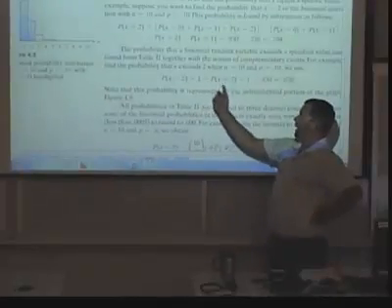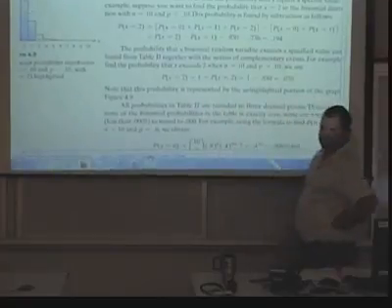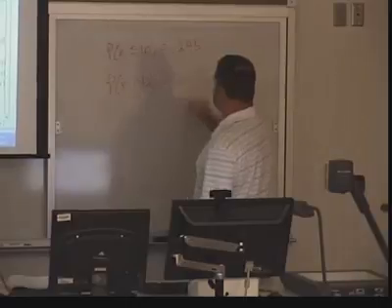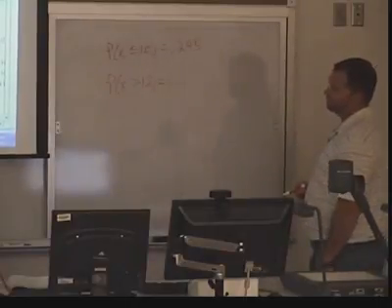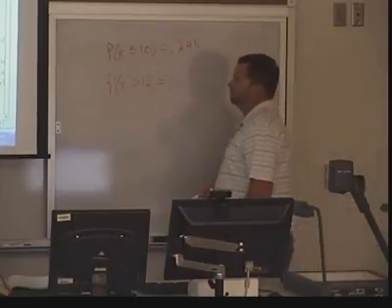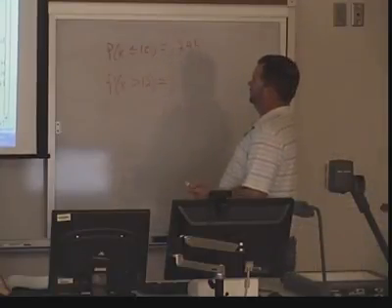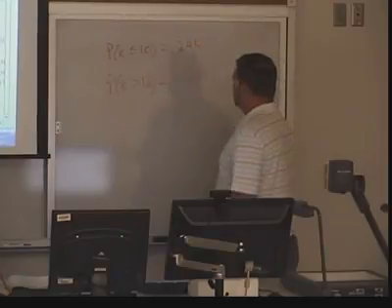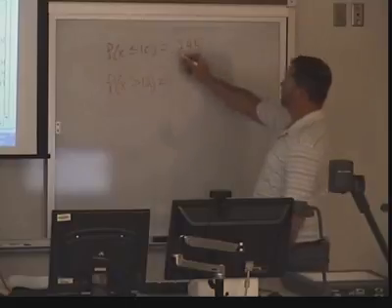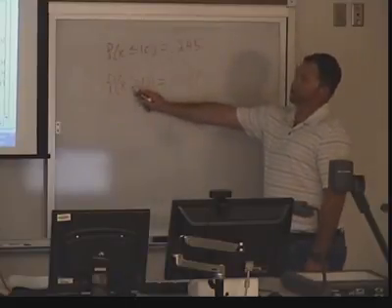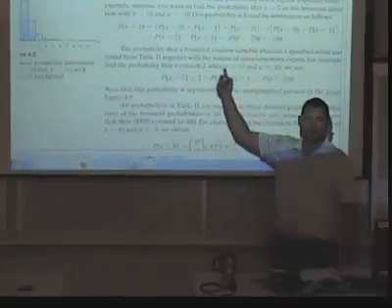It's basically the universe, which is 1, minus the probability that you're less than or equal to that number. So for this one, what would it be? It'd be 1 minus what? I'm not asking for the answer. I'm just rewriting this greater than symbol in terms of 1 minus the less than or equal to.